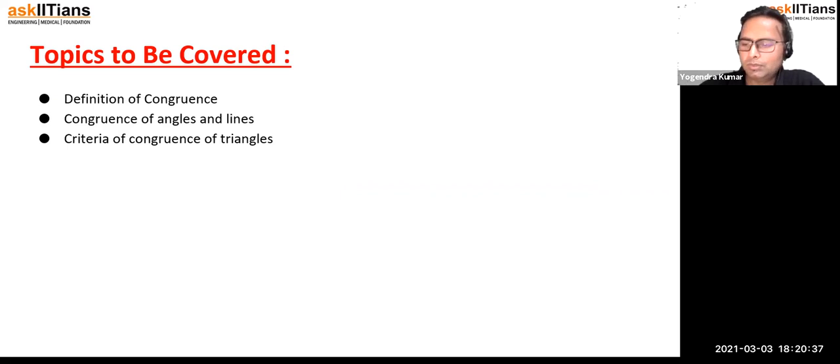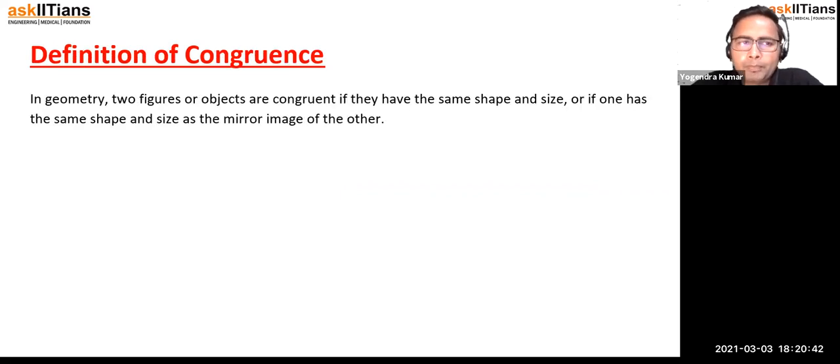So let me just start with the definition of congruency first. In geometry, two figures or objects are said to be congruent if they have the same shape and same size. Not only the shape, the size also has to be the same. This is what we need to remember.